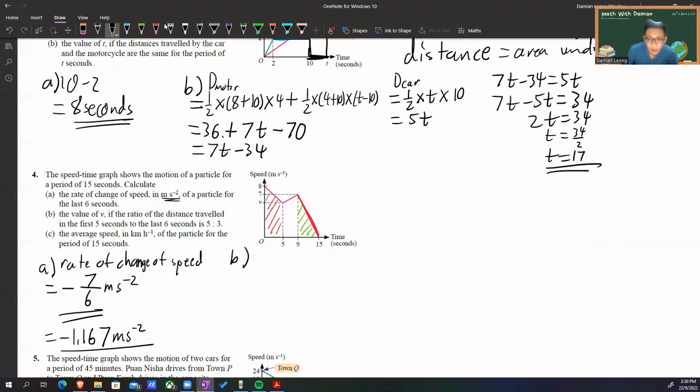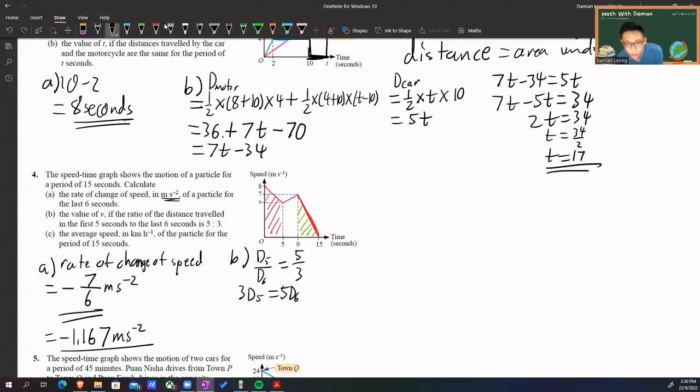Means distance traveled in the first 5 over distance traveled in the last 6 seconds, equals 5 over 3. Okay, which means 3 times the distance in the first 5 seconds is 5 times the distance in the last 6 seconds.